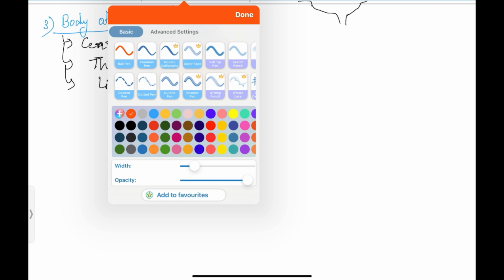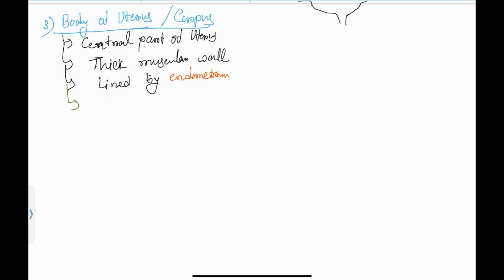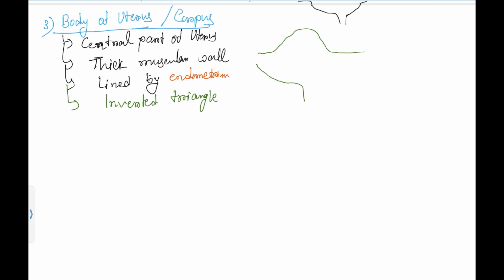Another thing you need to remember is that the shape is like an inverted triangle.